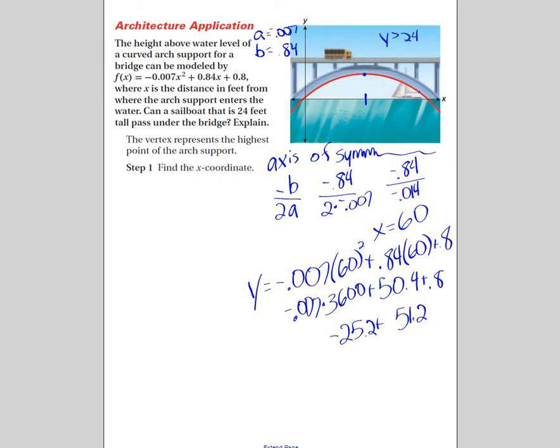It's negative. 51 minus 25 is? 26. Okay. Which means that the highest point of this bridge is at 26 feet, which means the boat will fit.